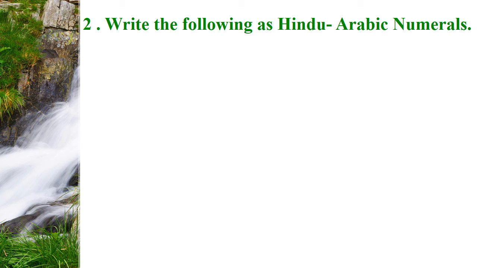Second problem, write the following as Indo-Arabic numerals. First one, XIV. So here there are given Roman numerals. We want to convert into Indo-Arabic numerals. So first separate the symbols.